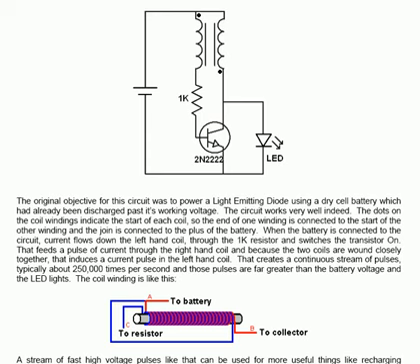As it switches on, the collector voltage drops down to 0 volts and you get the full battery voltage across the second coil. That only lasts for a short period of time, but it induces, through its closeness to the first coil, a pulse in the first coil.